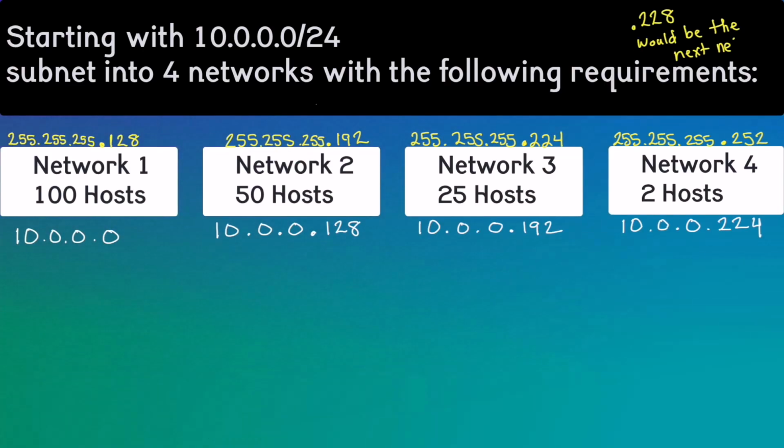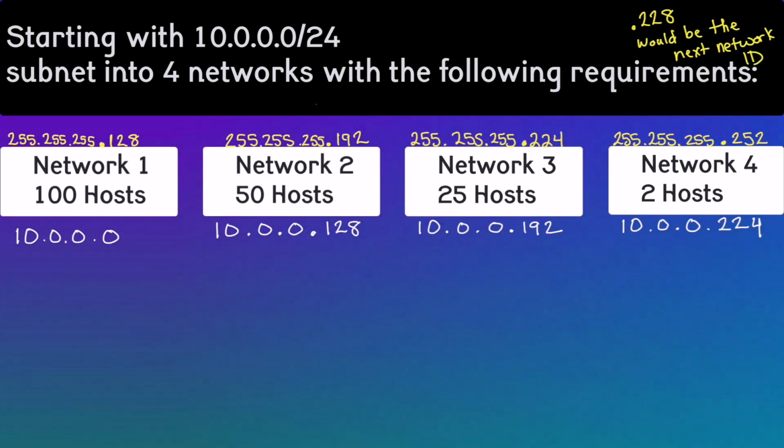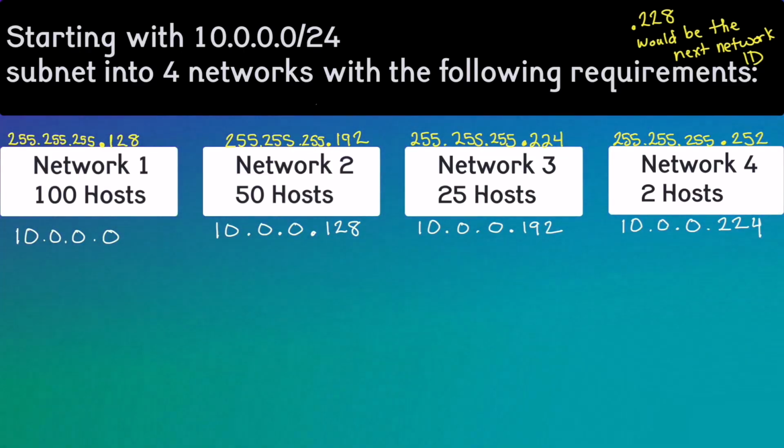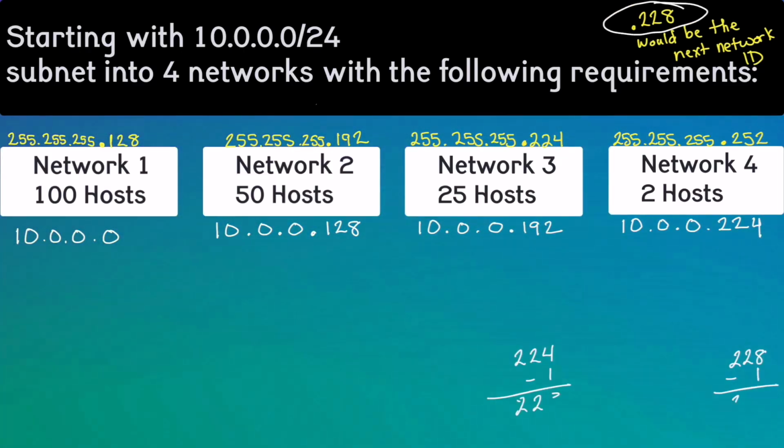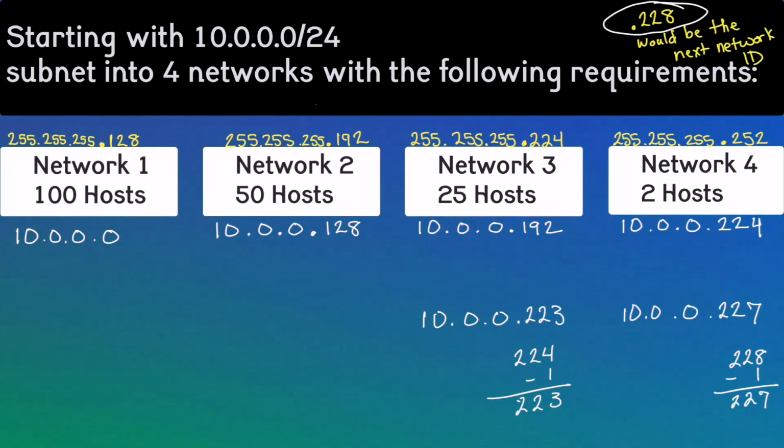Now I can just go back through and subtract 1 from each network ID and get the broadcast IPv4 address. We can do that here real quickly. 228 minus 1 equals 227. Looking at our fourth network, 224 minus 1 equals 223. That goes here in subnet 3. All right, now we'll subtract 1 from 192. That gives us 10.0.0.191 for subnet 2's broadcast IPv4 address.